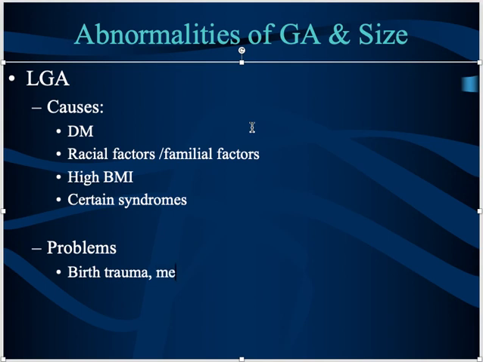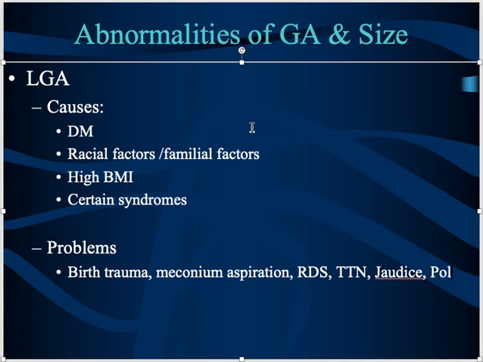Meconium aspiration: if it's a postterm, big baby and they have passed the first stool inside the mother, they can develop respiratory distress syndrome. Transient tachypnea of newborn: transient for a short time, tachypnea, increased rate of breathing, which occurs in newborns. Increased chances of jaundice.